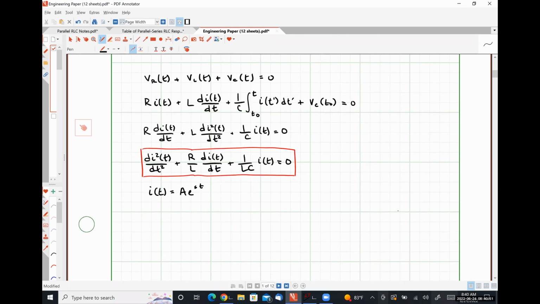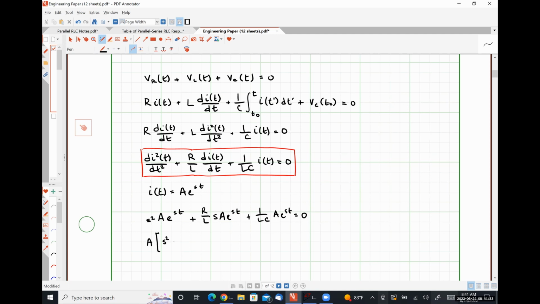And if I substitute this guess into my differential equation, what I get is s squared A e to the st plus R over L times s A e to the st plus 1 over LC times A e to the st is equal to 0. And I'm simply going to move my common factor of A to the left-hand side.